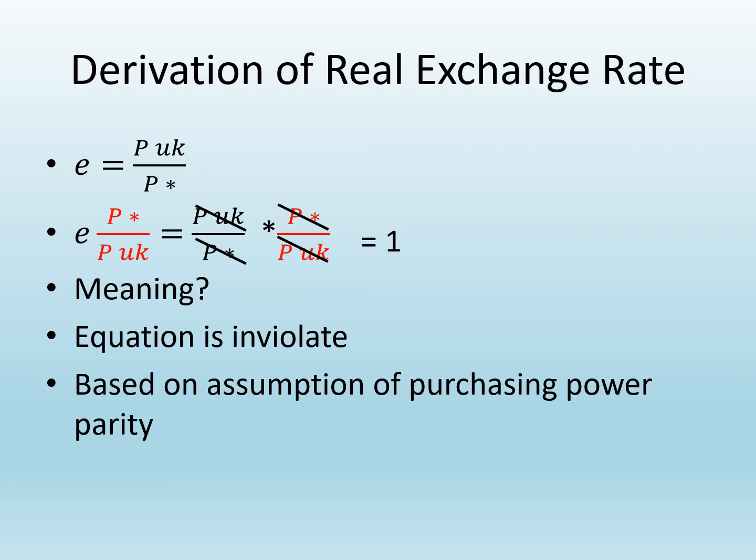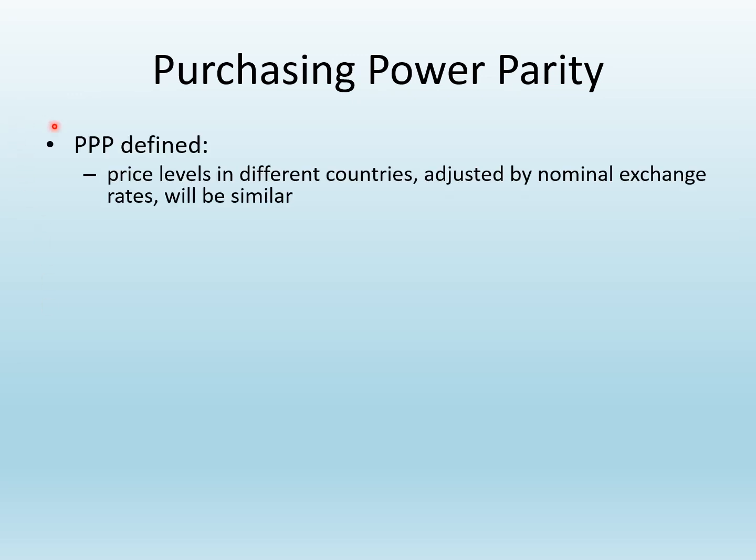So to begin to understand what this all means, let's have a look at the notion of purchasing power parity. And purchasing power parity defined, as you can see, is that price levels in different countries adjusted by the exchange rate will be similar.